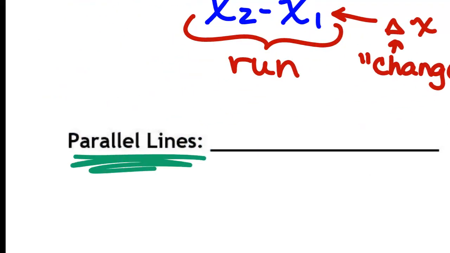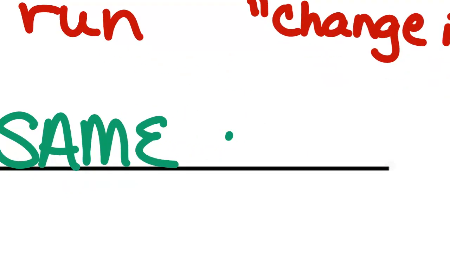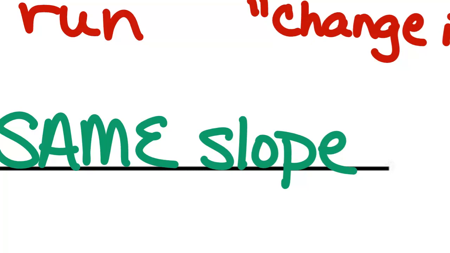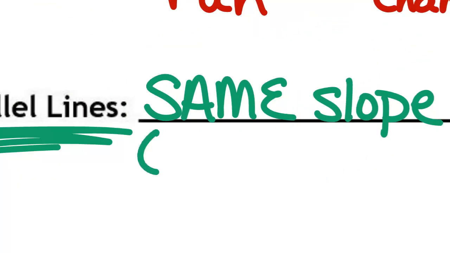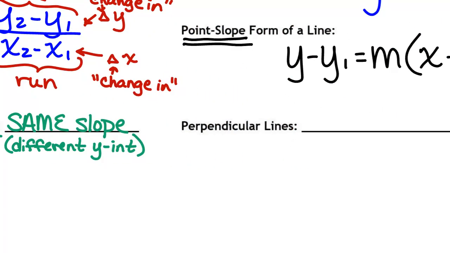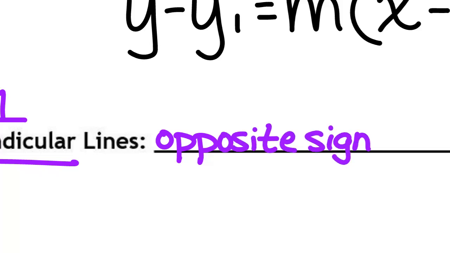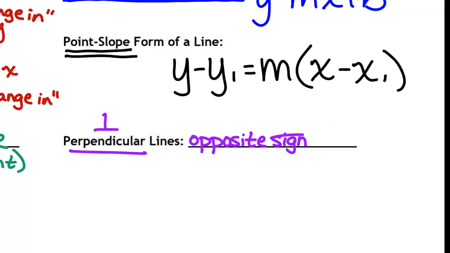For parallel lines, these will have the same slope. They will have different y-intercepts, though. And for perpendicular lines, they will have opposite sign, reciprocal slope.